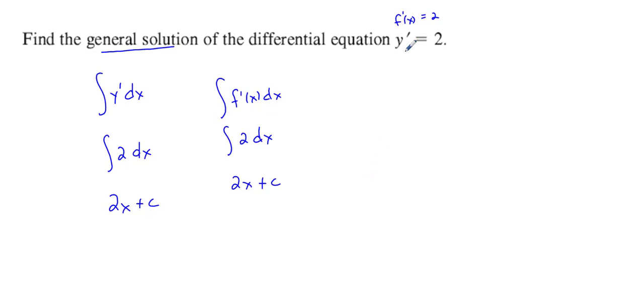And here's another. What's another way of writing y prime? dy dx equals 2. Now this is the first time we've ever done this, I should say. Let's multiply both sides by dx. And look at where we're at. We can take the antiderivative of both sides.